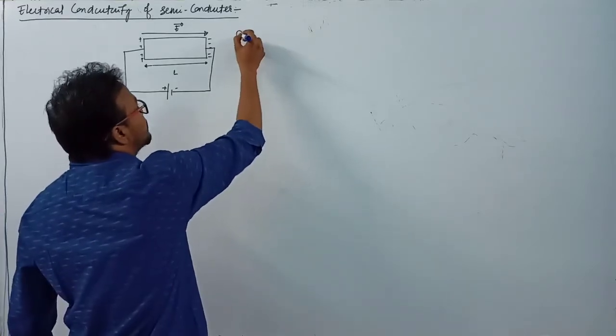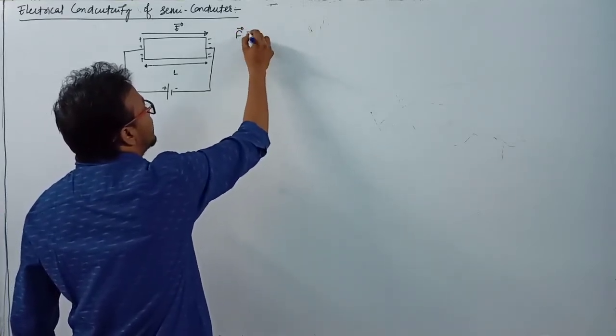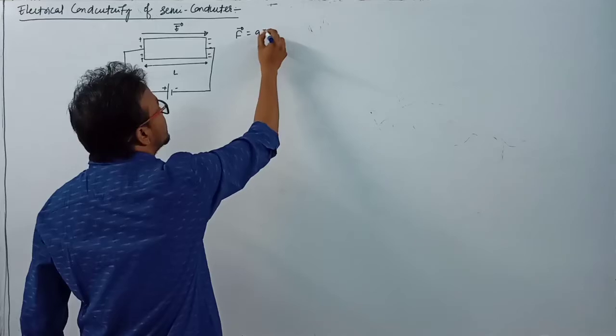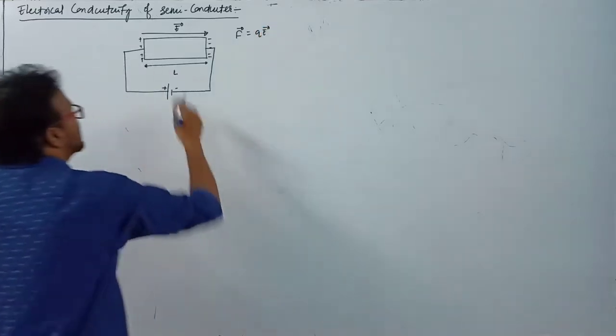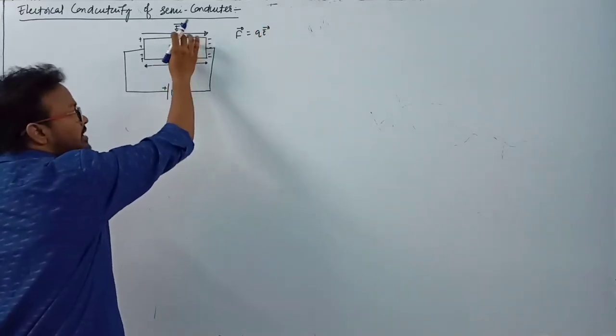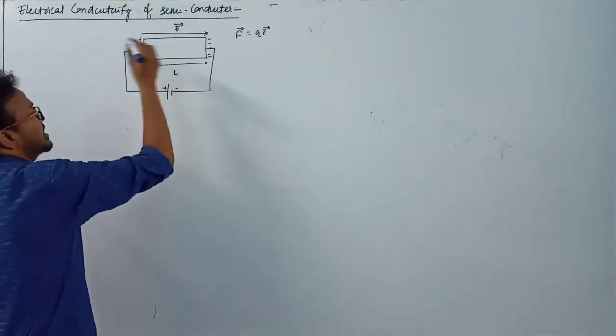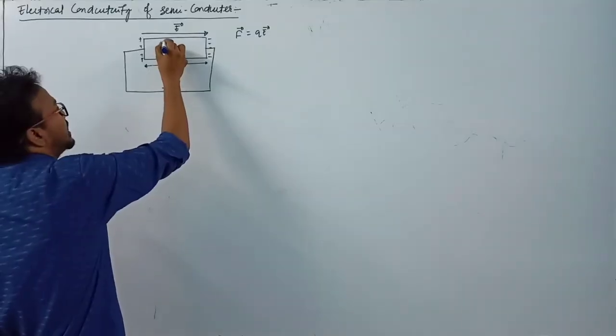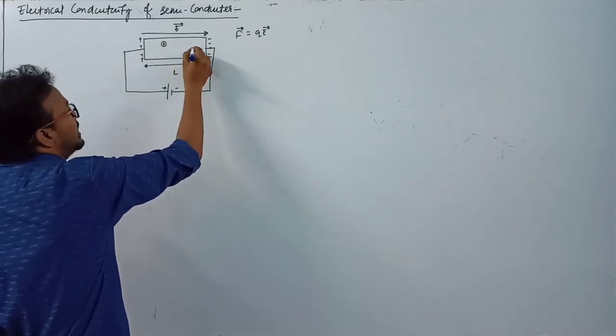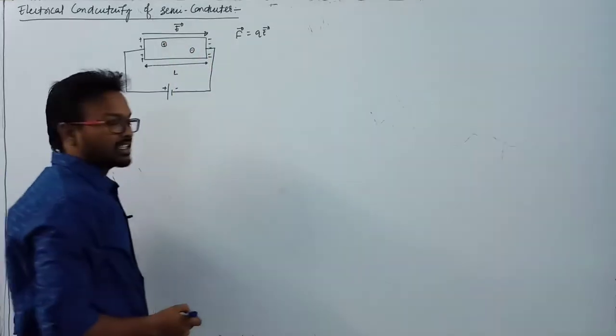And what is the direction of force? The relation between force and electric field is F equal to QE. But inside the semiconductor there are both holes and electrons. Simply, holes are positive charge and electrons are negative charge.